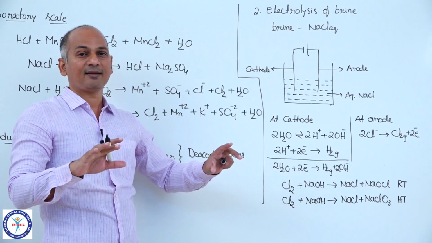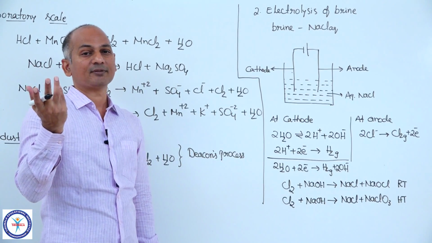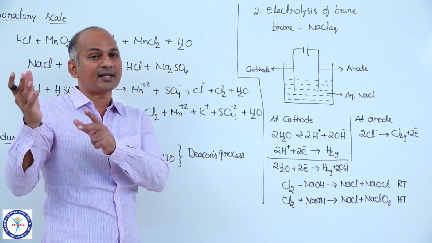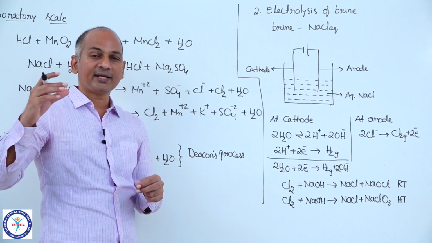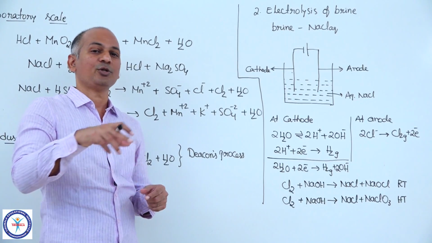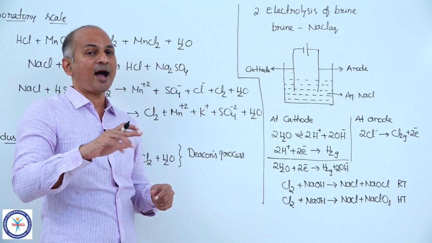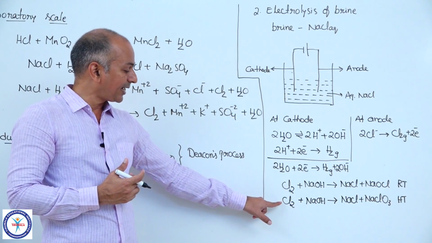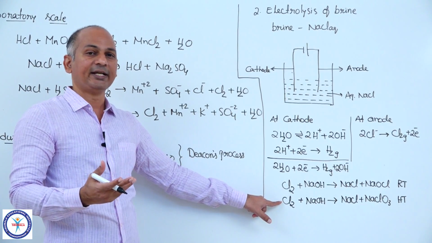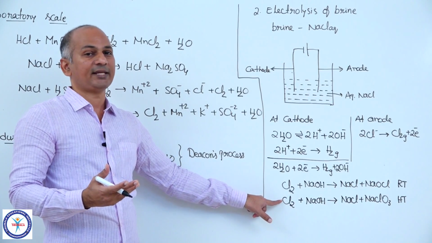If you don't stir it, then simply chlorine escapes from the reaction system, and that does not react with the NaOH which is being produced. So to make that chlorine react with NaOH, you have to constantly stir it. Stirring at room temperature results in this reaction, and stirring at high temperature, around 70 degrees Celsius, results in this reaction.